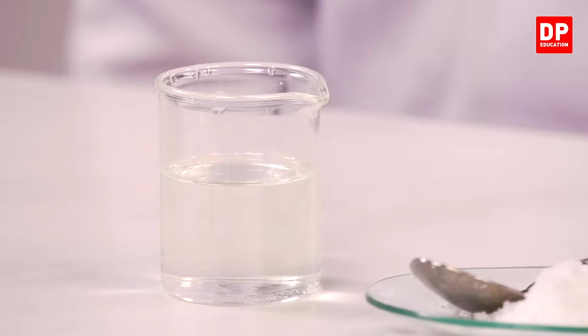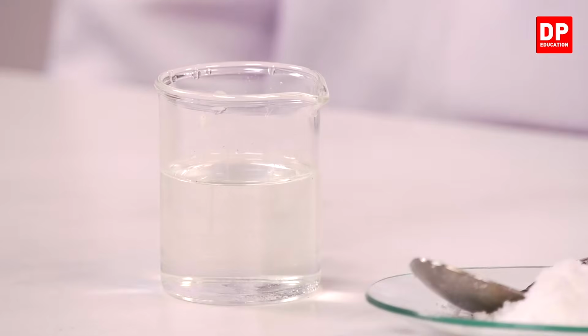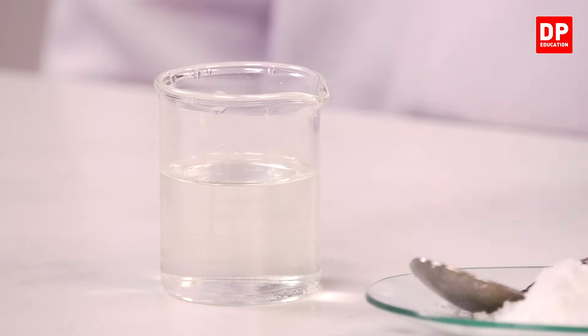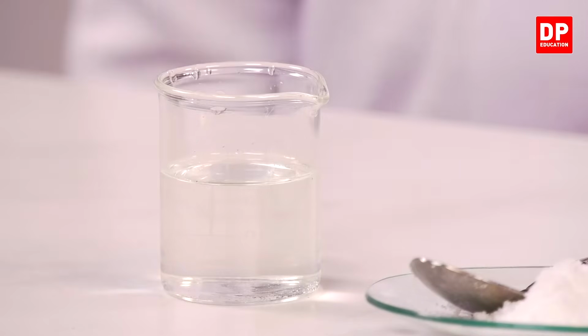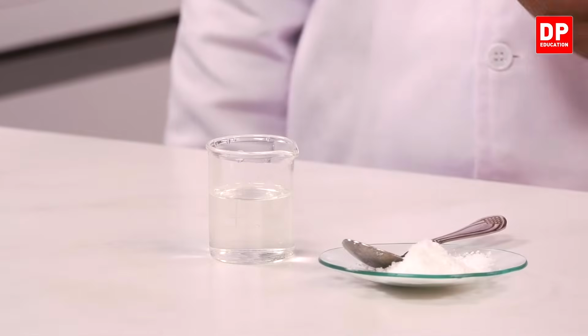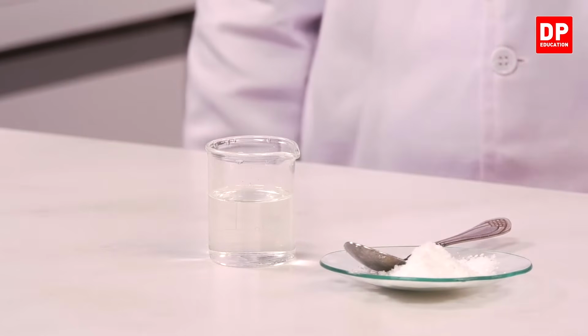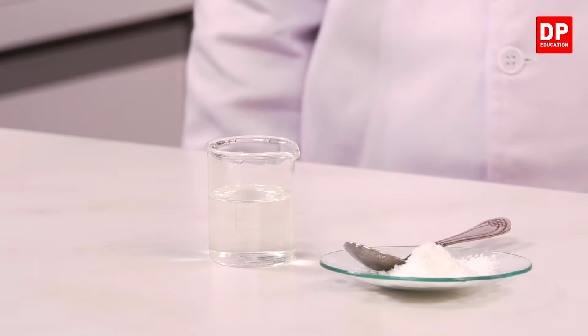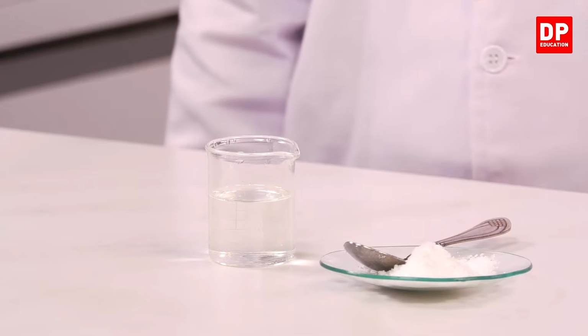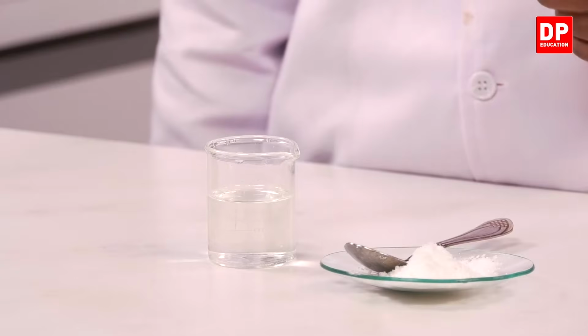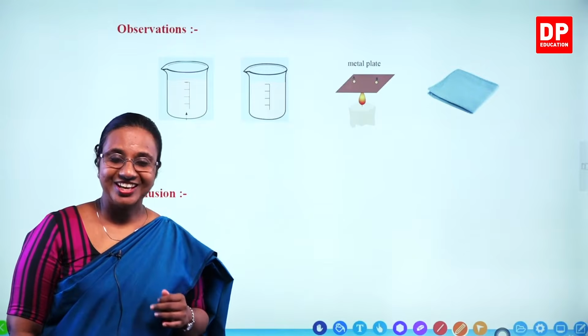So here you can see, students, a clear transparent solution is obtained when sodium chloride is dissolved in water. So if the transparency, composition and color are all uniform throughout the mixture, you can observe that here we call it the homogeneous solution or homogeneous mixture. In other words, we can just call it as a solution. Okay, students.